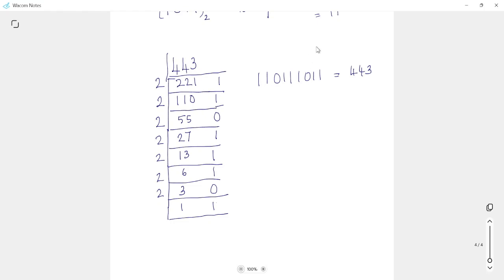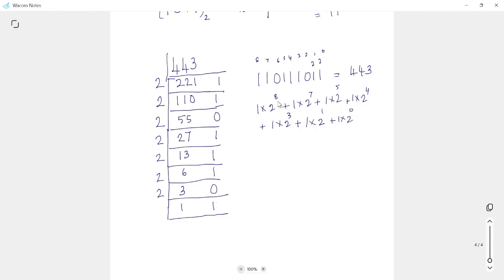So let us check if we did the conversion right. This is 2 to the power of 0, 2 to the power of 1, 2 to the power of 2, 3, 4, 5, 6, 7, 8. So I get 1 into 2 to the power of 8 plus 1 into 2 to the power of 7 plus 0, we can ignore it, and then 1 into 2 to the power of 5 plus 1 into 2 to the power of 4 plus 1 into 2 to the power of 3 plus 0 we can ignore, and then 1 into 2 to the power of 1 plus 1 into 2 to the power of 0.